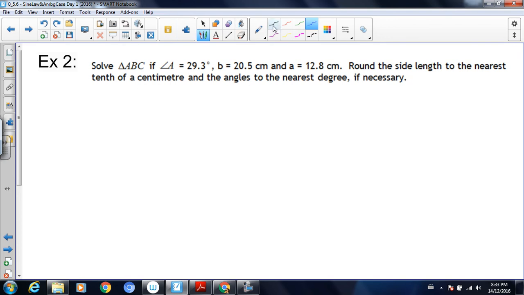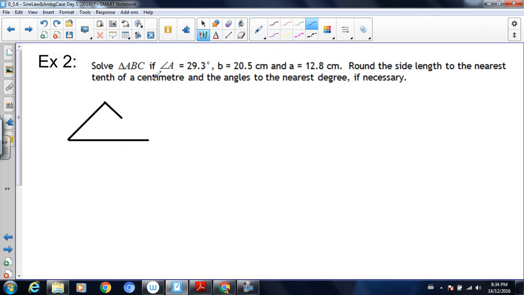So let's draw this out. Let's go ahead and draw a triangle. I know that angle A is 29.3 degrees. I'm not going to connect the triangle because I don't know if this will create no triangle, one triangle, or two triangles. So I'm not going to draw the triangle fully completed yet.